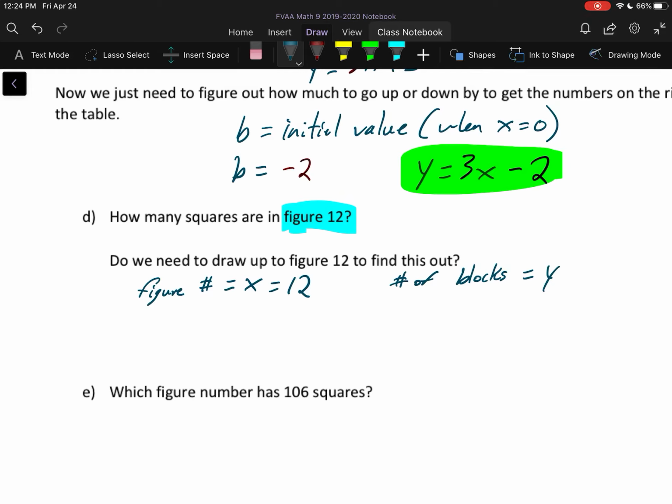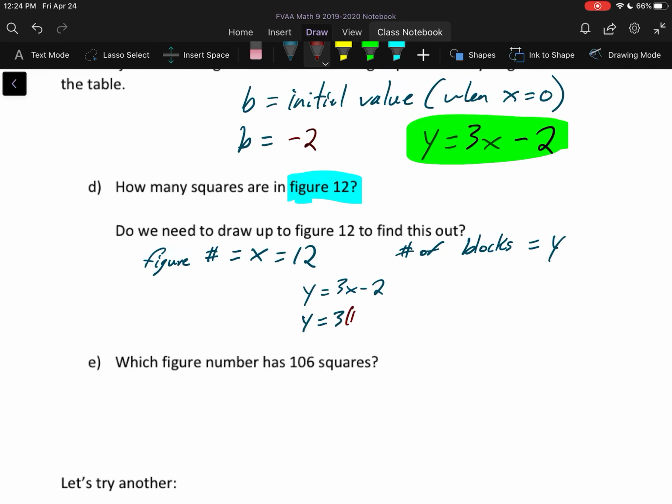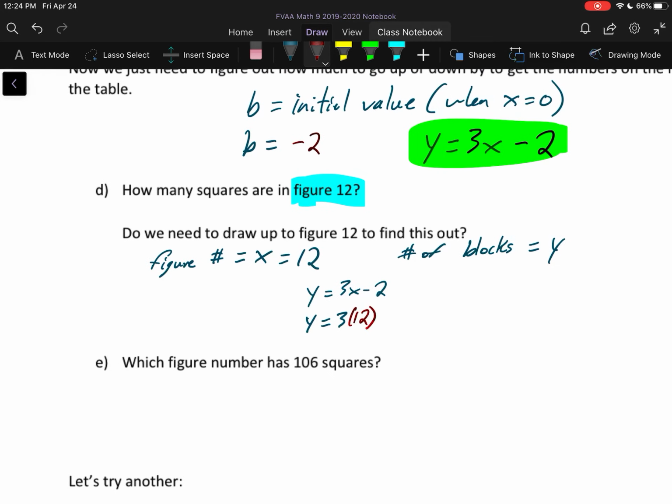So I have my equation here: y equals 3x minus 2. Now instead of x, I'm going to plug in 12. When you're substituting in equations, you always want to use brackets. And then I write minus 2.